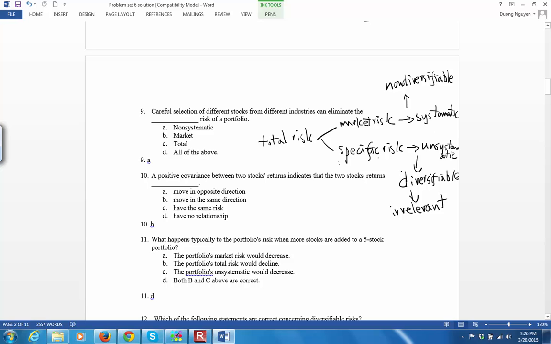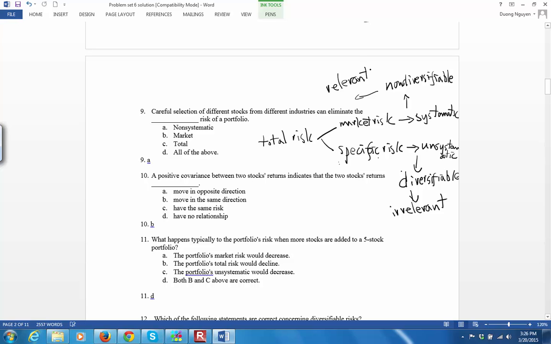But for the market risk, no matter how many stocks you have in your portfolio, no matter how you diversify your portfolio, you cannot eliminate the market risk. So this is a risk you will have no matter what, so it is relevant.